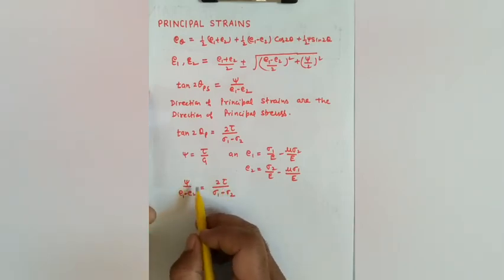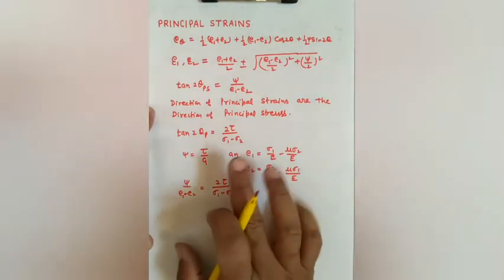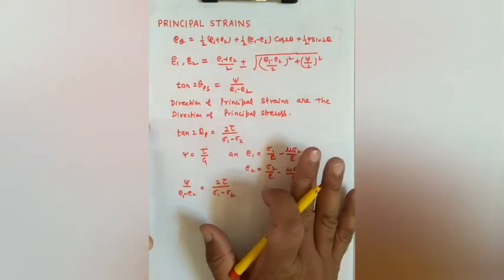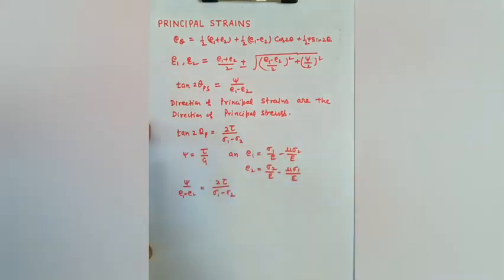Psi is shear strain and tau is shear stress. So the direction of principal strains is the same as the direction of principal stresses.